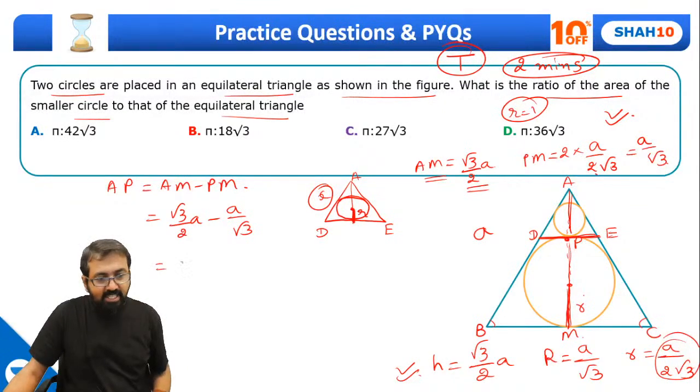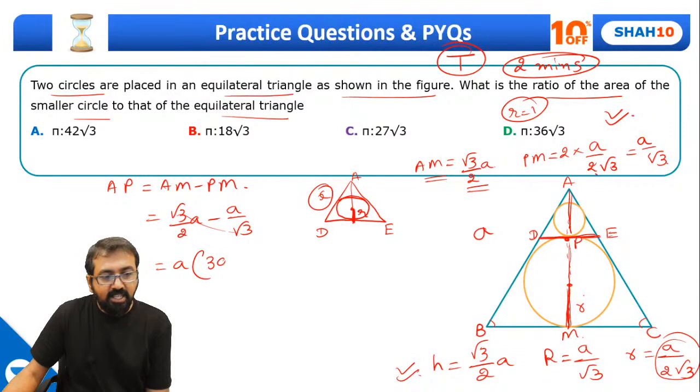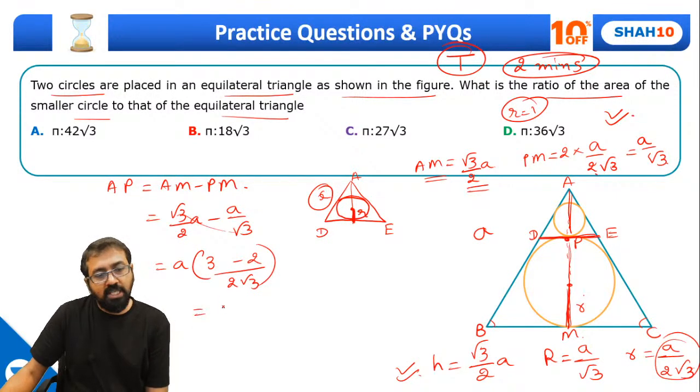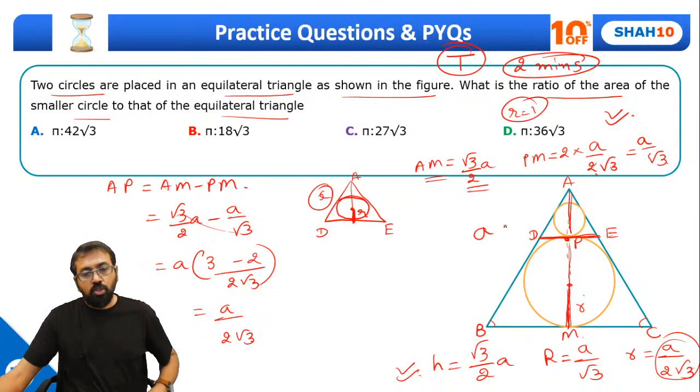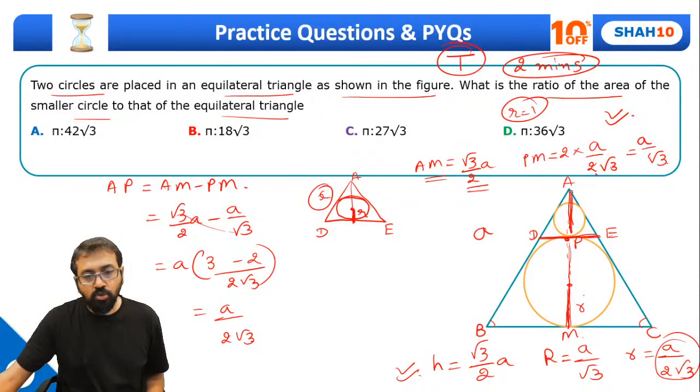So I can take a as the common factor and just cross multiply. So what will you get? 3 minus 2 divided by 2 root 3. So it will come out to be a by 2 root 3. Yes or no? So this complete height came out to be a by 2 root 3.